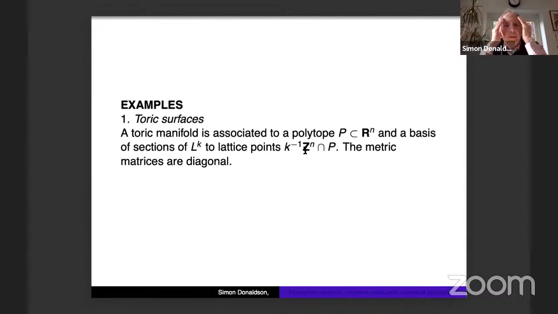One of the things that makes things work easily here is that all our metric matrices are diagonal in this basis. So inverting the matrix is straightforward because it's just a diagonal matrix.